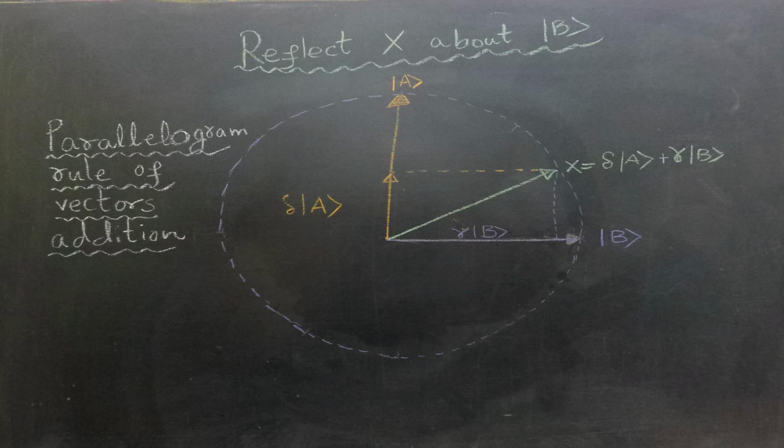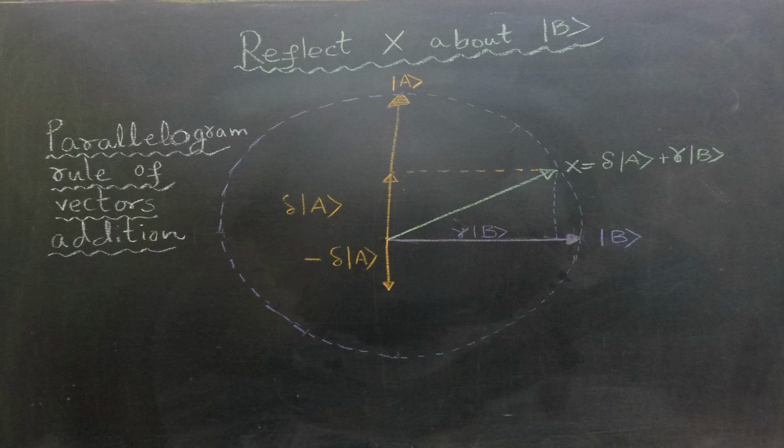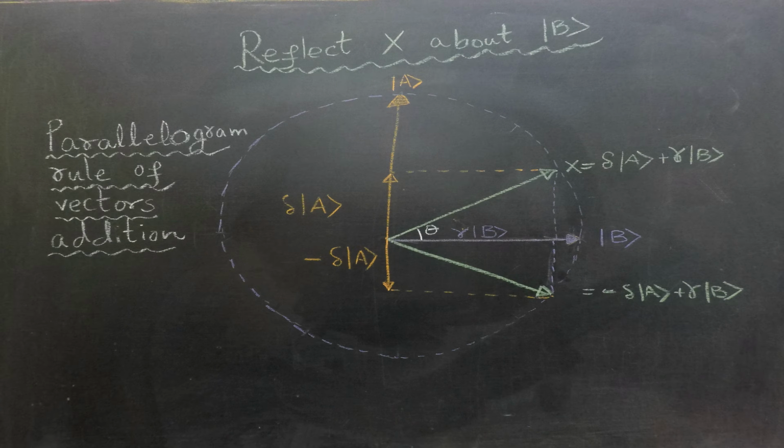Now let's consider changing the direction of ket A by multiplying it with minus delta. This will result in the creation of a new parallelogram below ket B. If we add minus delta times ket A and gamma times ket B using the parallelogram rule, their sum will yield the desired reflection.